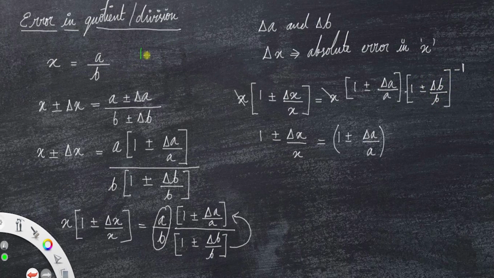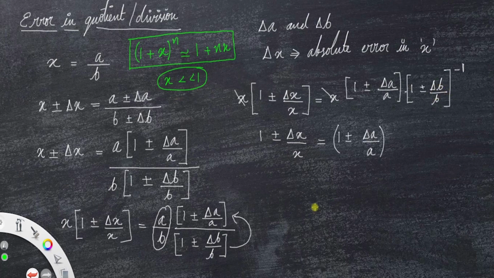We have 1 plus x whole raised to n approximately equal to 1 plus nx, if and only if x is very much less than 1.